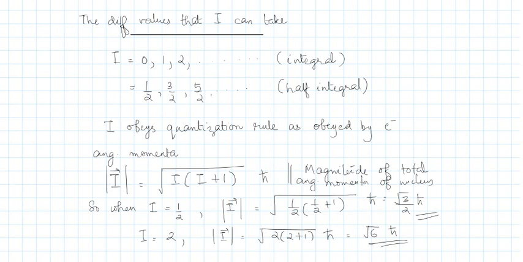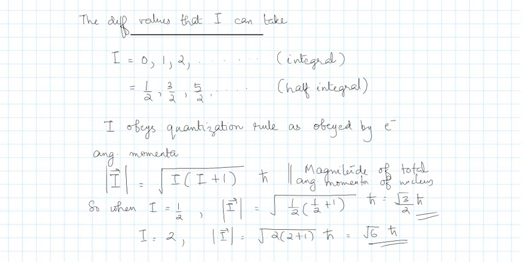We have already come across the quantization rules satisfied by the orbital as well as spin and total angular momenta of an electron when we learned atomic spectroscopy. So nuclear spin also satisfies such a quantization rule where the magnitude of angular momenta of the nucleus is given by root of I into I plus 1 h cross, where I can take any of these values. This is the magnitude of total angular momentum of a nucleus.